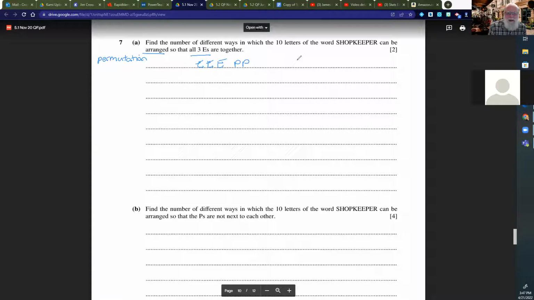Now, any other letters that are the same? Nope. So we've taken care of our E's, right? We've taken care of our P's. It looks like we now can go S, H, O, K, and R. Yes, you with me on that?